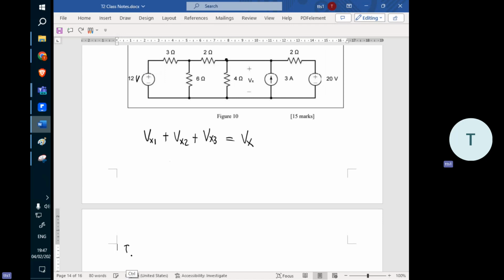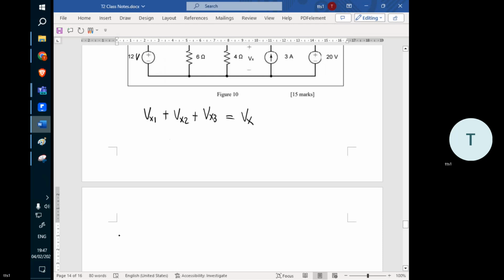Let me write down here. Step 1, turn on 12 volt. Turn off 3 amp and 20 volt.